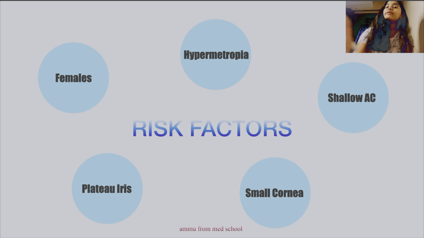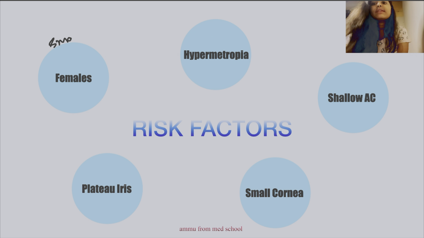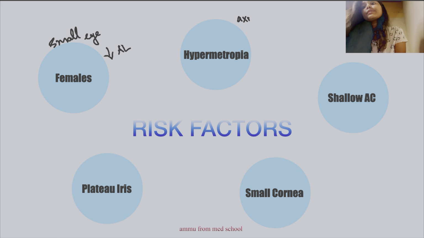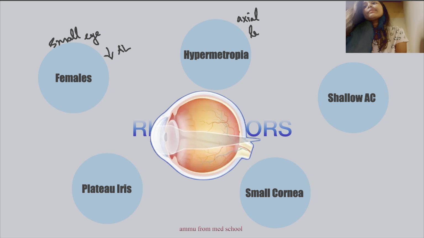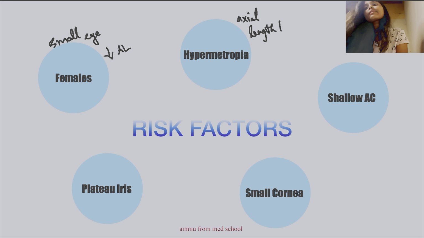First is females. Why do I say females? Because females normally have smaller eyes and a smaller axial length, which is itself a risk factor for developing glaucoma. Similarly with hypermetropia, when you develop hypermetropia, the axial length of the eye reduces, and hence again a risk factor. Shallow anterior chamber.